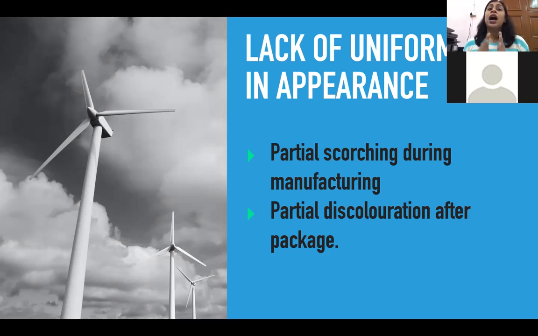Yes, ma'am. Another thing is that the product is stored in such a way that, for example, it is in a cardboard box and that cardboard box is exposed to heat or sunlight. So the temperature of the product exceeds 24 degrees centigrade, the normal room temperature. The product touching the surface of the cardboard box starts to develop defects.